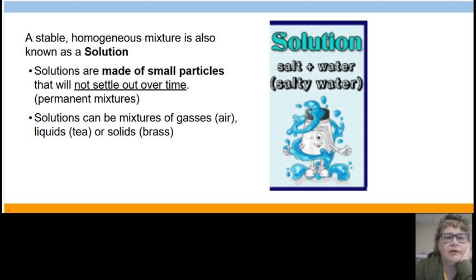Okay. Tea or soda, right? Specifically with tea, you're taking a solid substance and putting it into water. It dissolves, and then you just have the tea, right? Solids like brass. Brass is made out of copper and iron. Okay.